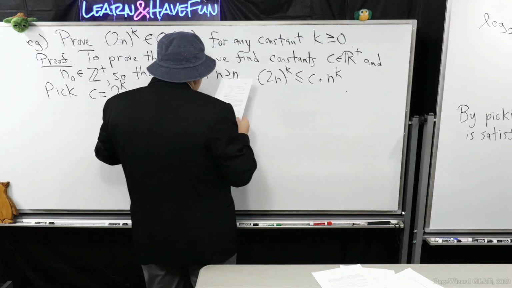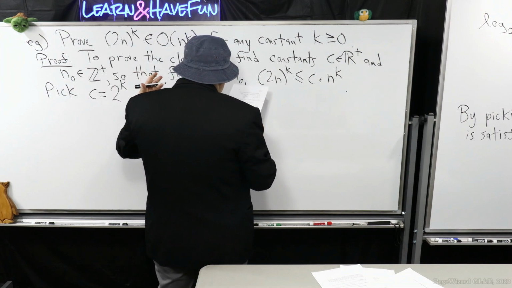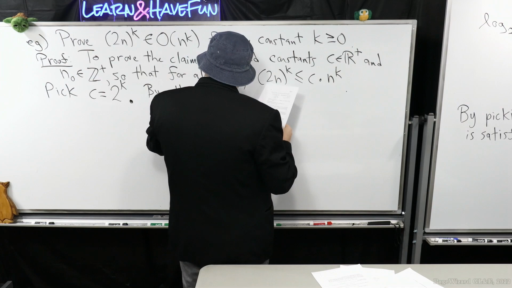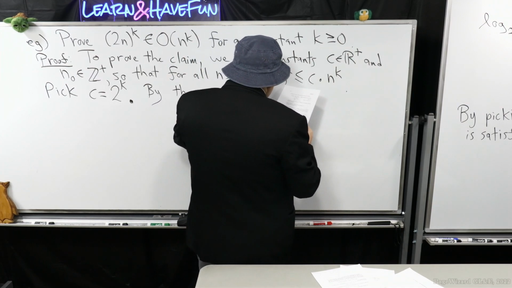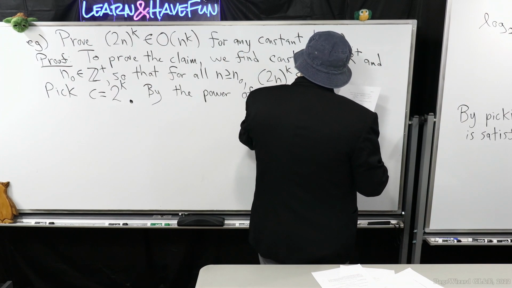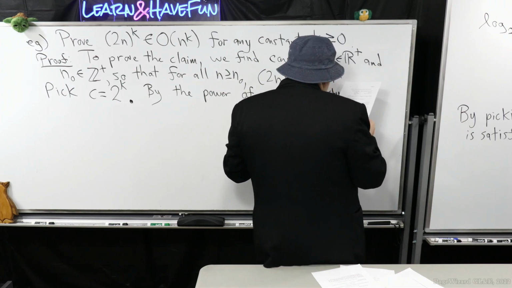But I'm going to use the following property of exponents. By the power of a product property. Now, for those that are not acquainted to this property, it works like this.